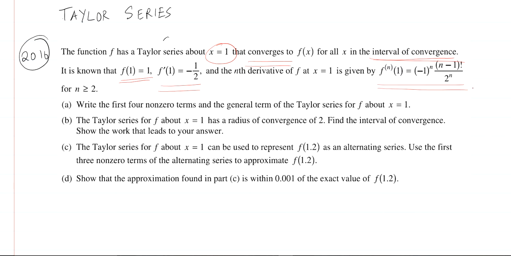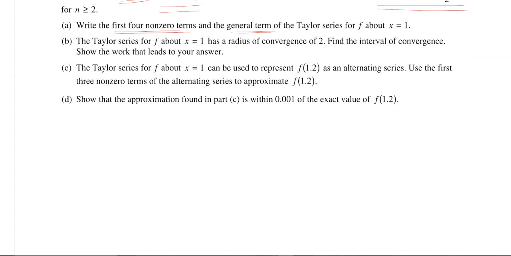So the first question is asking, what are the first four non-zero terms and the general term of the Taylor series? So we want the first four terms and also the general term. Let's first write down what a Taylor series expansion looks like.